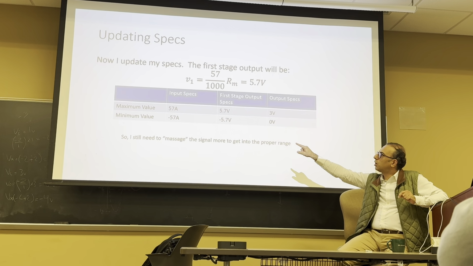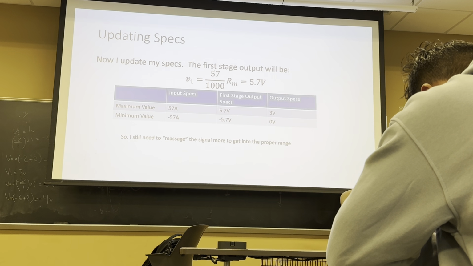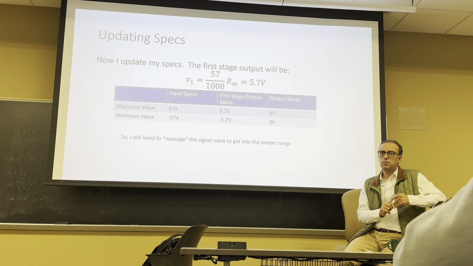If it's 57 amps, and if I pick 100 ohm, it gives me 5.7 volts in the output when it's positive, and negative 5.7 volts when it's negative. So can I insert that into my microcontroller? No. What will happen is it clamps at 3 and limits at 0. So you lose information, if not damaging the microcontroller.